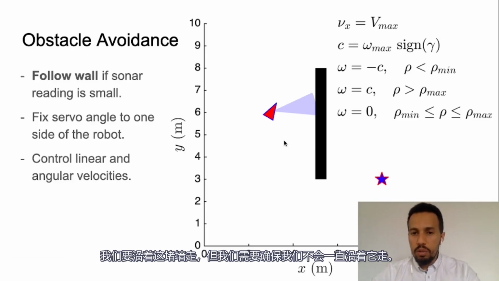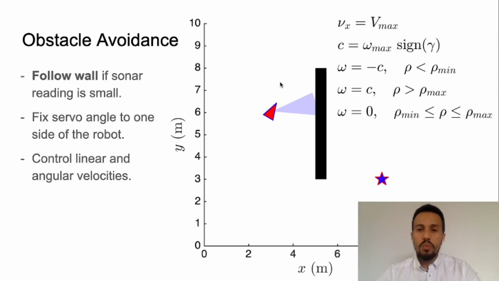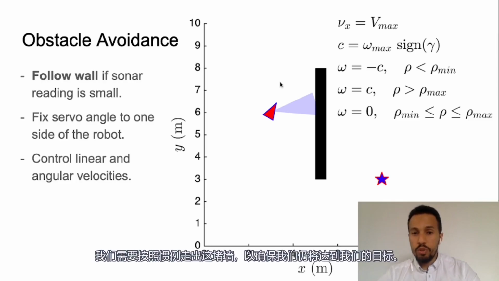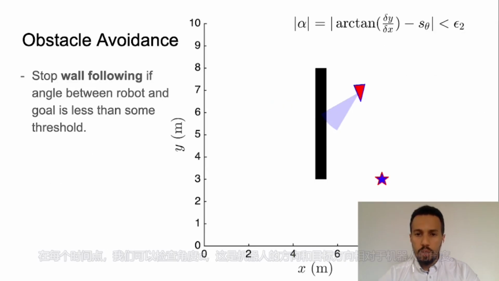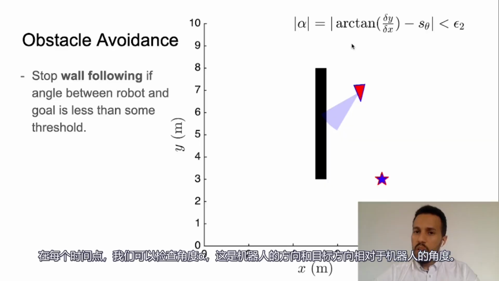So we're going to follow this wall, but we need to make sure that we are not going to follow it indefinitely. We need to exit this wall following routine to make sure that we are still going to reach our goal. To do so, in each time step, we can check the angle alpha, which is the angle between the robot heading and the direction of the goal with respect to the robot.